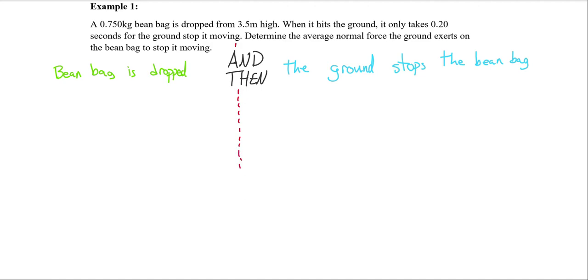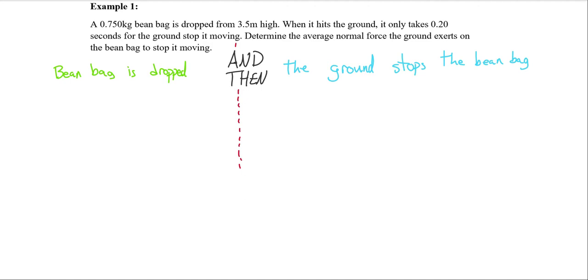It's because the situation of the beanbag being dropped, the beanbag is falling, it's being affected by gravity, is different from the ground stopping the beanbag. The beanbag is in contact with the ground and there's gravity pulling it down and the normal force from the ground. The free body diagrams for these two situations are different, and that's why we need to separate them.